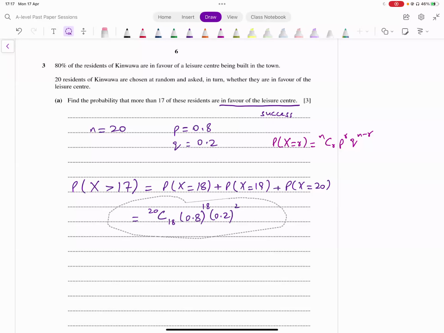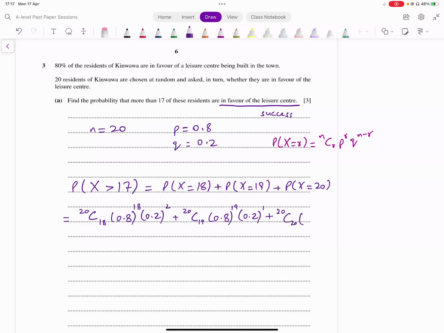That's the first probability that we have. Now, similarly, input values in the rest of them, plus 20C19 into 0.8 raised to power 19 into 0.2 raised to power 1, plus 20C20 into 0.8 raised to power 20 into 0.2 raised to power 0.